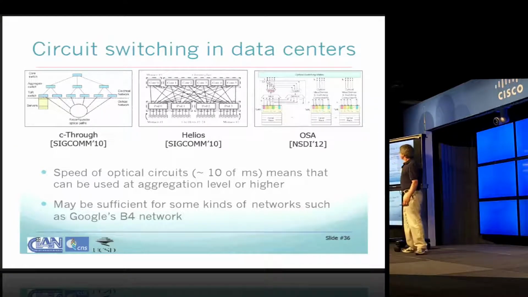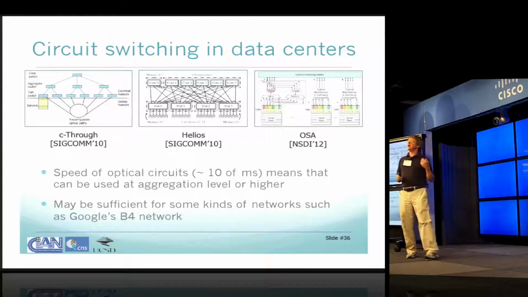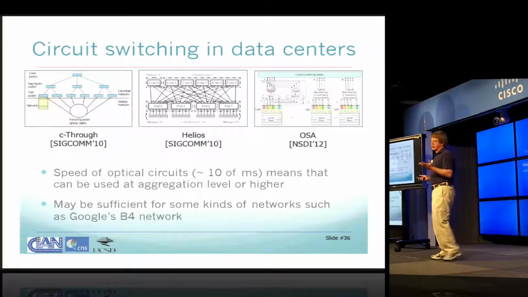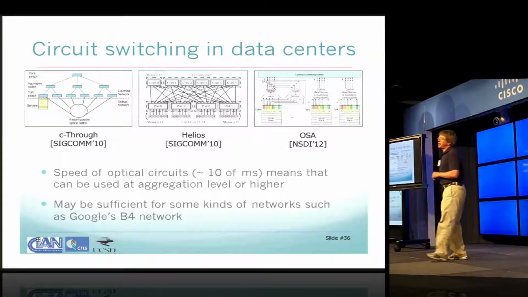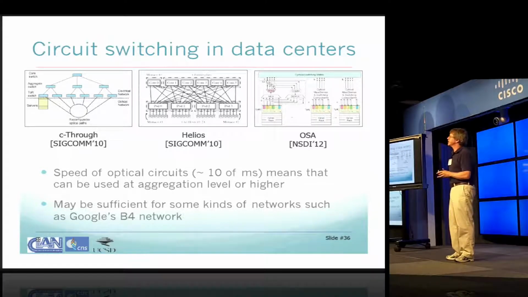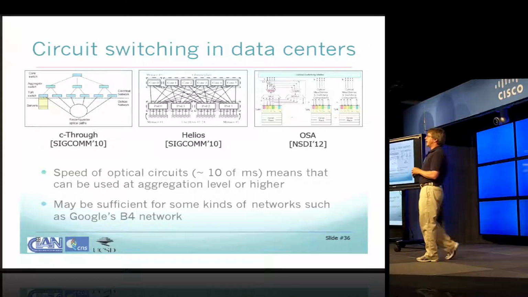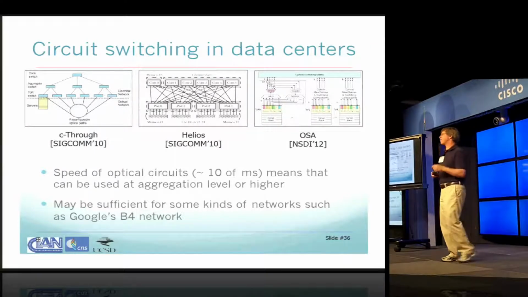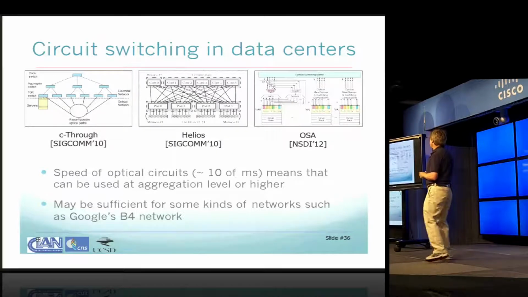And these all were predicated on optical circuit switch technology based off of effectively provisioning switches developed by companies for optical networking. And those provisioning switches ran about 10 millisecond time scale. There's several vendors that had those. We happen to have one actually at UCSD from another project that we used for Helios.